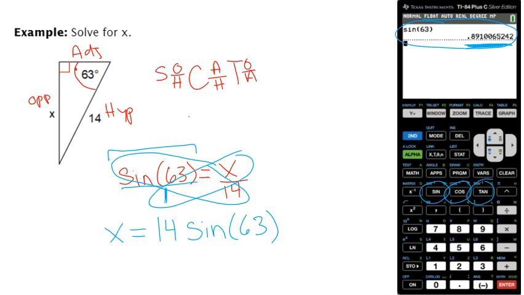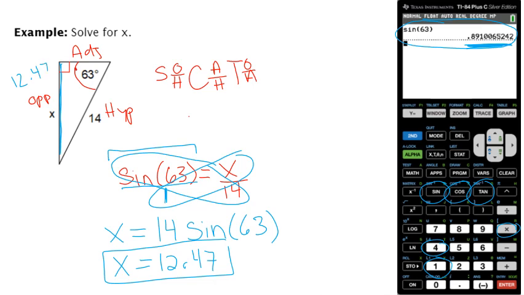So in our calculator, we can type in 14 times sine of 63, and that would give us our final answer, which, to 2 decimal places, is 12.47. So the length of the side is 12.47 units. And that would be the answer to my problem.